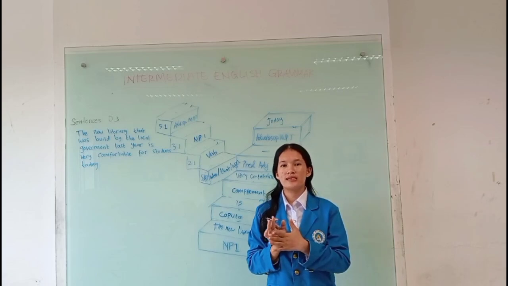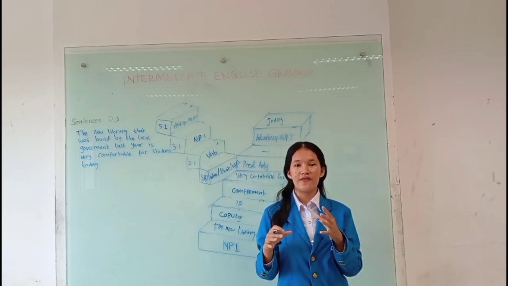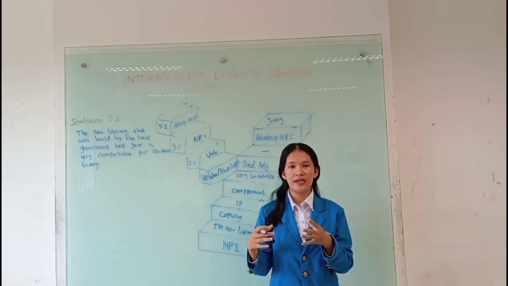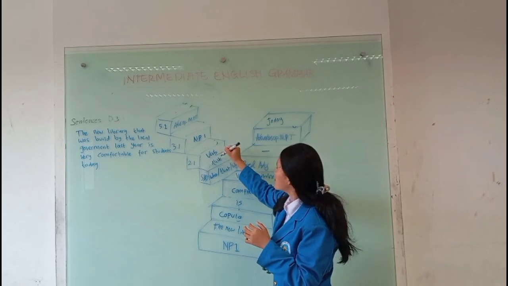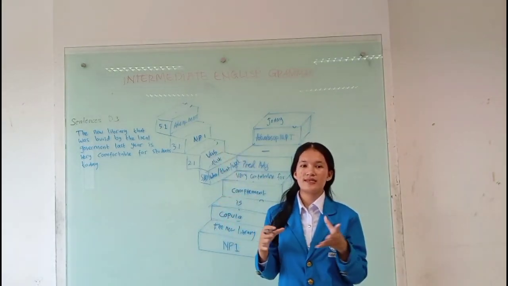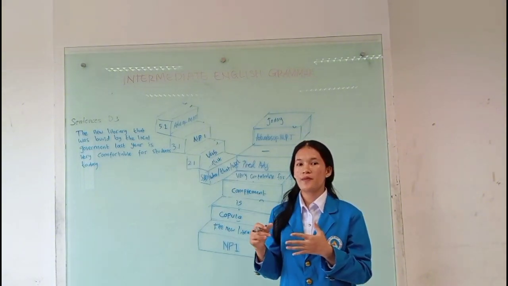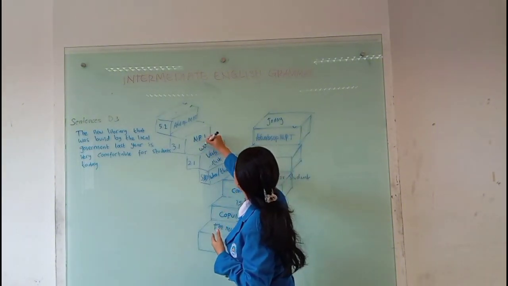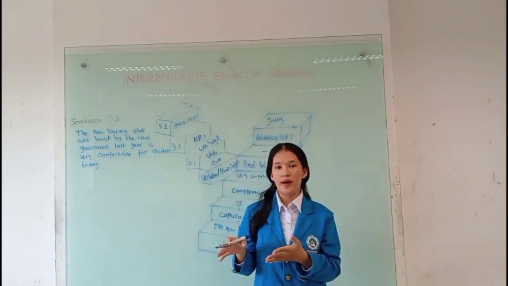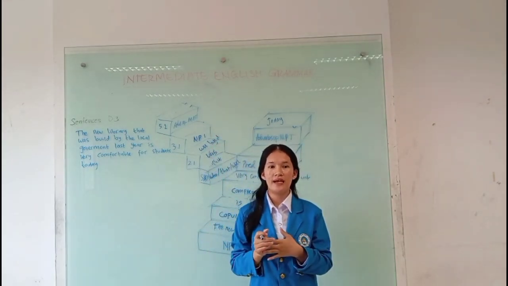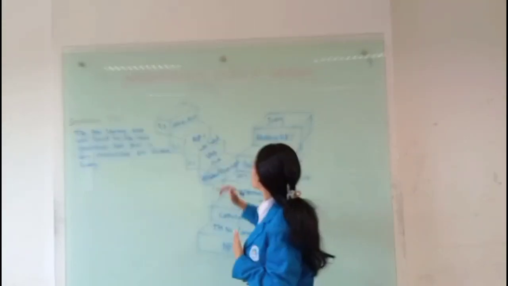Now let's move to the SVD stairs. First, I choose the relative pronoun because library is a thing. I use that. Next, at stair 2.1, I add the verb was built. At stair 3.1, I add the complement by the local government.